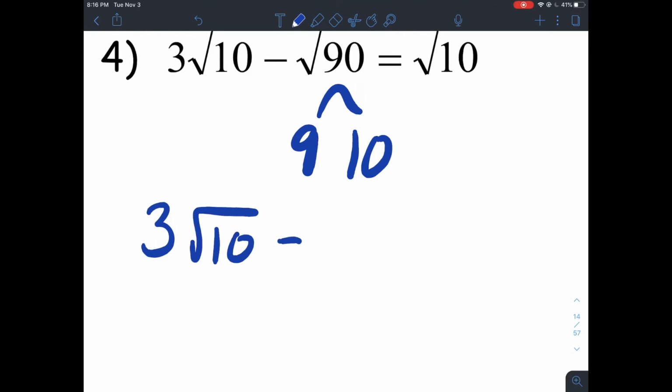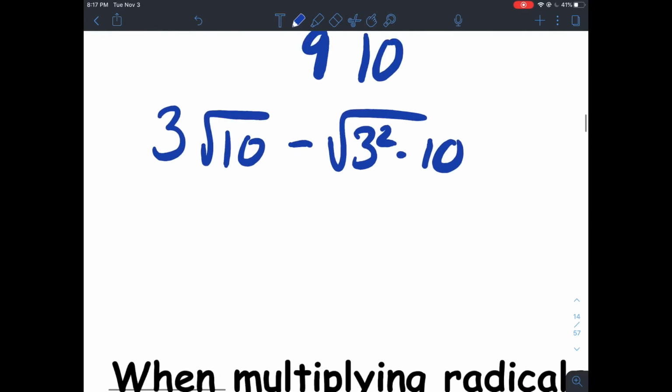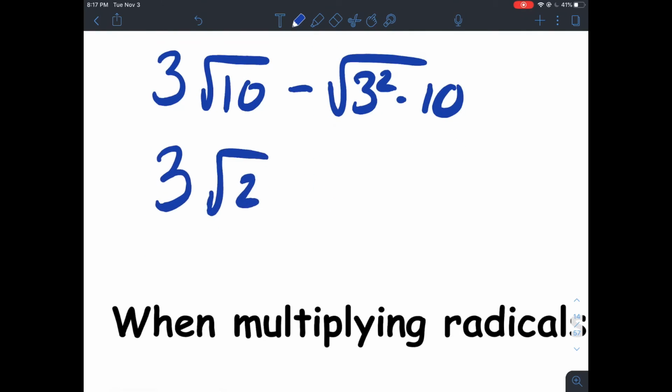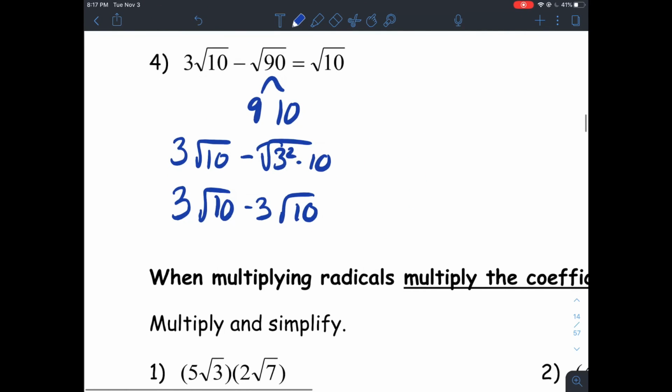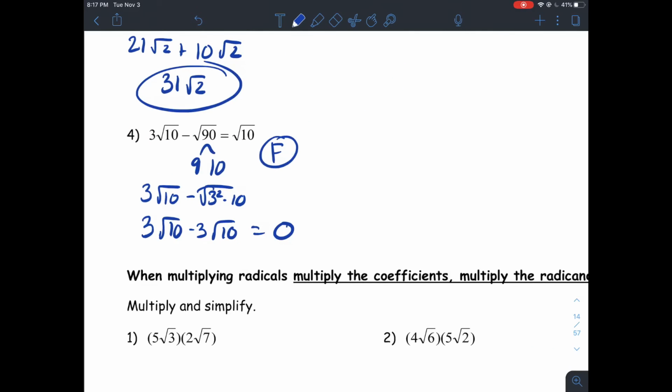And of course, we've got 3 squared times 10, so we've got 3 root 10 minus, and then we bring a 3 out, so we get 3 root 10. Well, 3 root 10 minus 3 root 10 actually is going to equal 0. That's like if you did x minus x or something like that. So the statement is false. Our answer here should be 0.